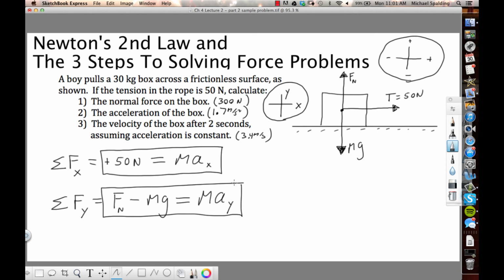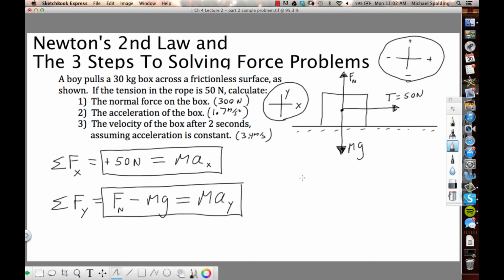Now, which way will this box not accelerate? In the y. If you look at the situation, this kid is pulling the box across the ground. Is this box going to accelerate vertically? No, it's not just going to all of a sudden launch into the sky or into the ground.